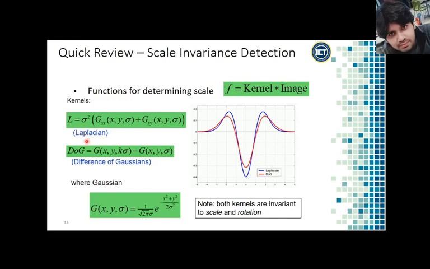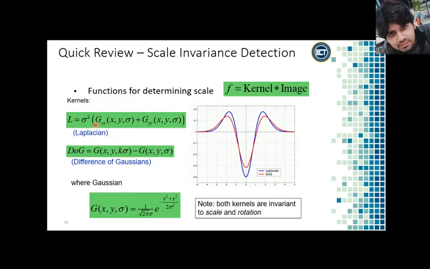We will discuss the difference of Gaussians in detail, but till now, let's consider that the difference of Gaussians and Laplacian kernel can be used for such purposes, where the Gaussian function is given by this formula. You should also know that both of these kernels are invariant to scale and rotation, and I'll explain why these both kernels are invariant to scale and rotation.